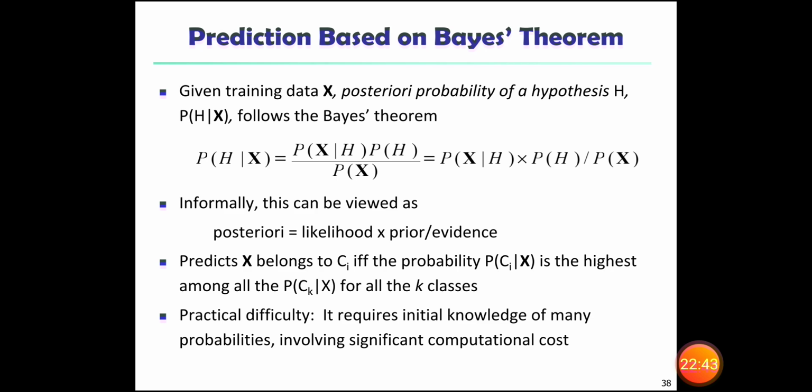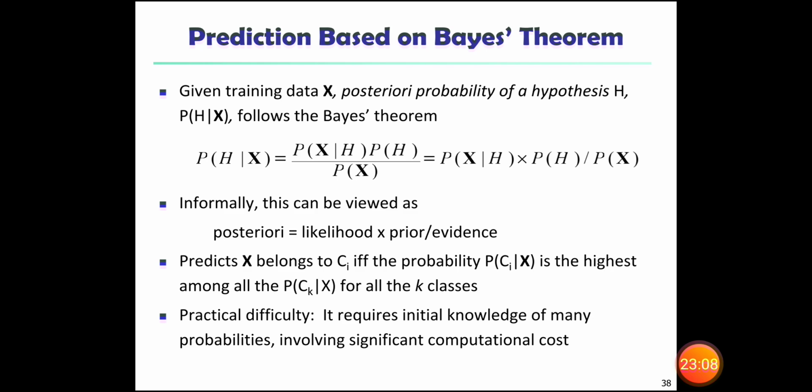Here given the training data X, the posterior probability of hypothesis H can be defined. The Bayes theorem is defined like P(H|X) = P(X|H) times P(H) divided by P(X).